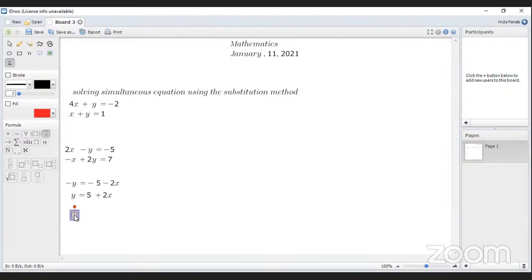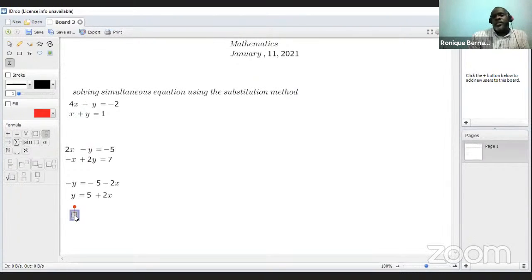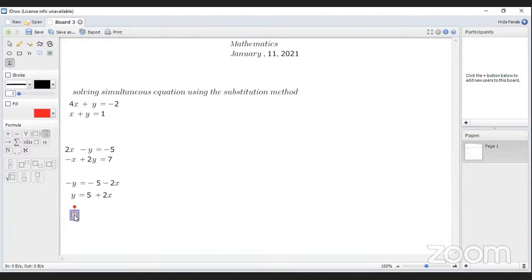All right. So I have y equal 2x minus 5. Are you seeing what I'm doing on the board? Yes, sir. What do I have on the board there? You have y equal 5 plus 2x.